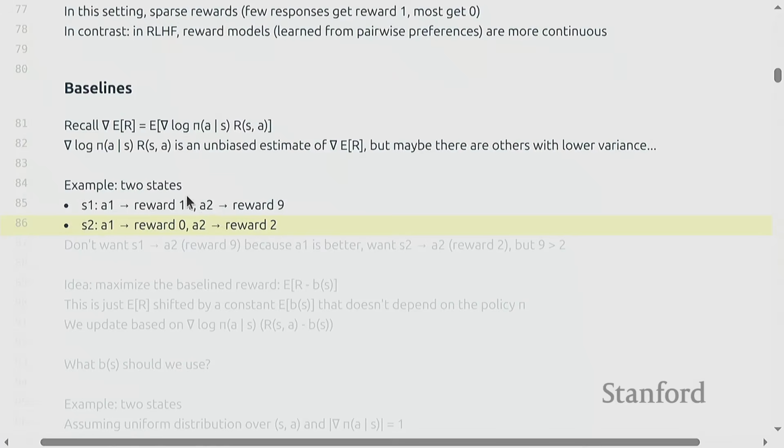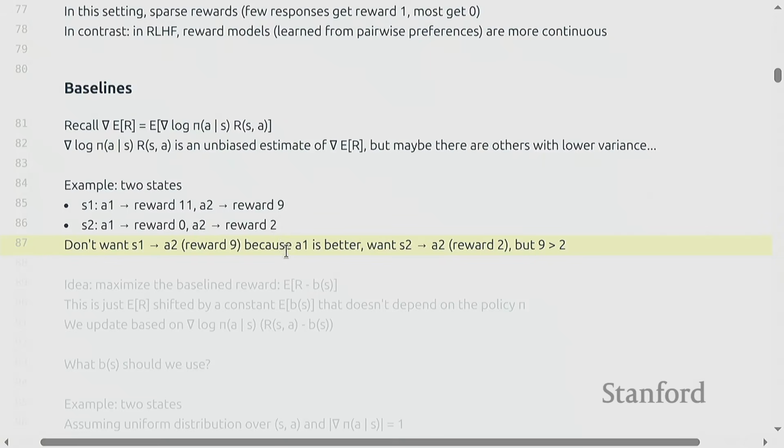And of course, the best policy would be in S1, you want to choose A1, and in S2, you want to choose A2, right? So you don't want S1 going to A2, but you notice that this 9 is actually larger than this 2.